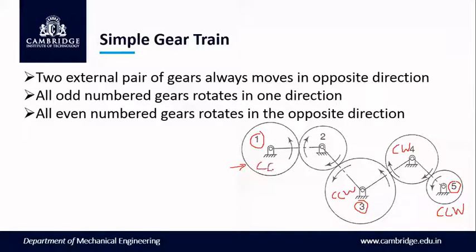If you refer to the diagram, we can clearly say all the odd numbered gears rotate in one direction. Gear numbers 1, 3 and 5 are rotating in counterclockwise direction, whereas gear numbers 2 and 4 are rotating in clockwise direction. Hence we can say all even numbered gears rotate in the direction opposite to that of the odd numbered gears.